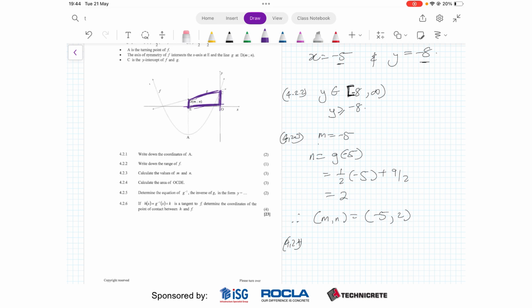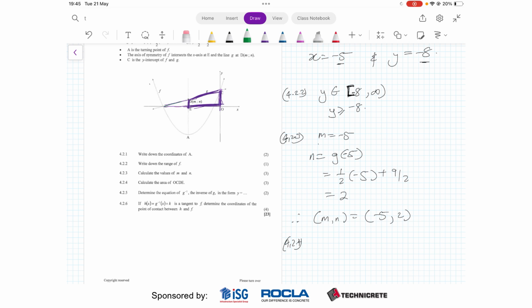You could either use the area of a trapezium combined with the area of a triangle. What I mean is you could first calculate the area of this triangle.